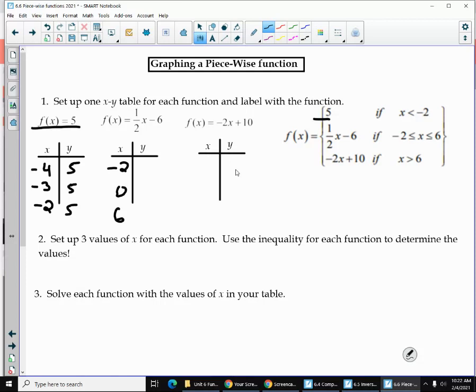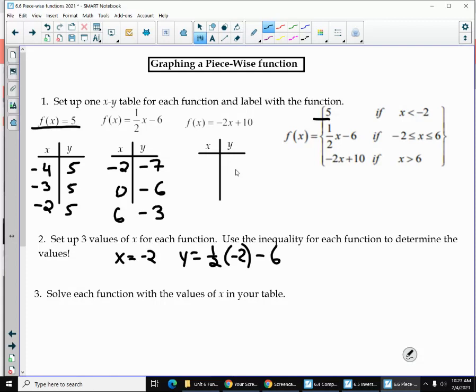Now, when x is equal to -2, y will be equal to 1/2 times -2 minus 6. 1/2 times -2 is equal to -1. -1 minus 6 is -7. When x is equal to 0, half of 0 is 0. 0 minus 6 is -6. When x is equal to 6, half of 6 is 3. 3 minus 6 is -3.